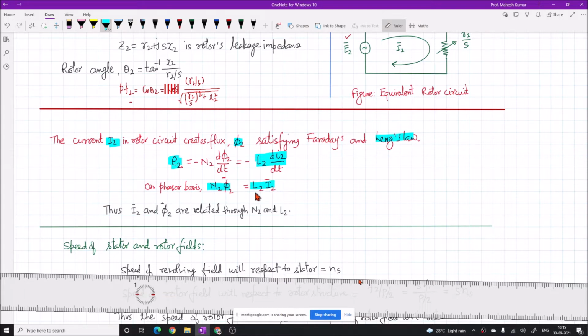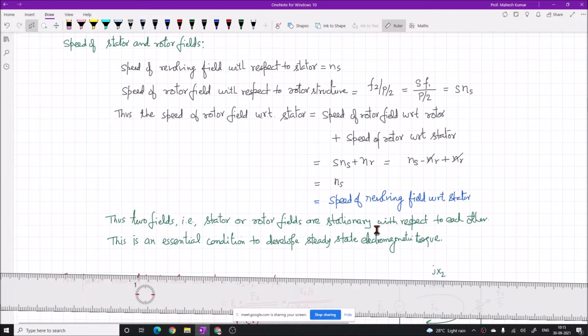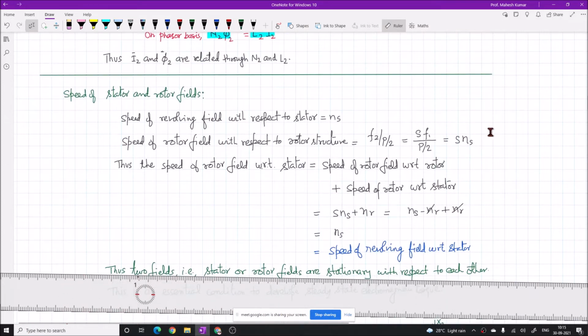Now let us focus on the speed of the rotor and stator fields. There are two fields in fact. When I say field, it is about the magnetic field. So a stator circuit has a field and a rotor circuit has a field, and these fields are rotating at a certain speed.